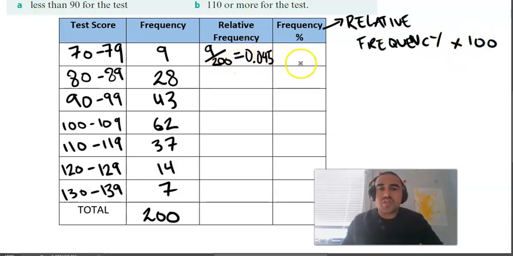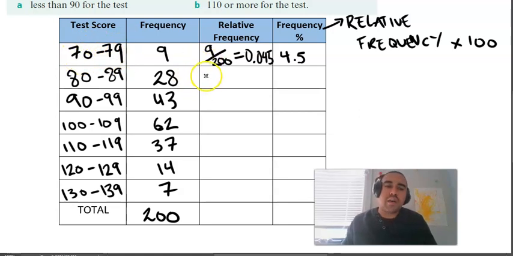To do this easily, without having to use a calculator, you take the decimal point and you move it 2 spots to the right. So 4.5. You don't need to write percentage because there's a percentage within the table to indicate that. But that just means out of these 200 people, 4.5% scored an intelligence score of between 70 to 79.